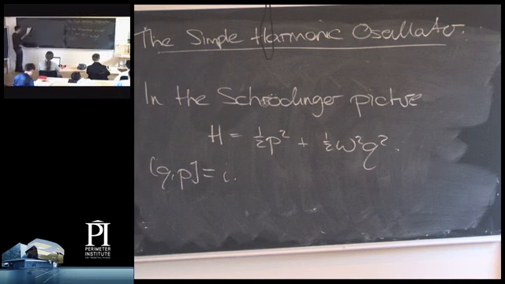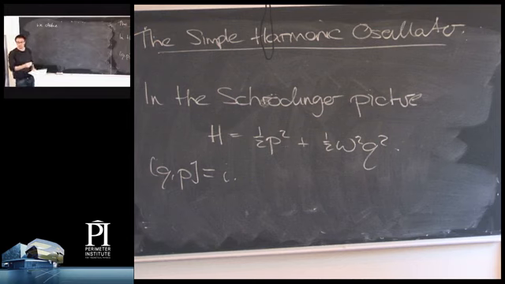And Q and P are operators now which have familiar commutation relations. And to find the spectrum, what we do is we define these nice creation and annihilation operators.